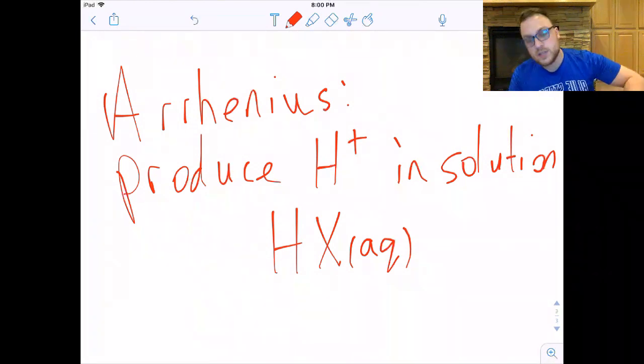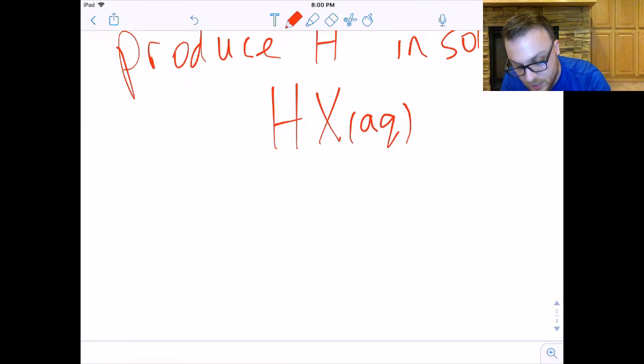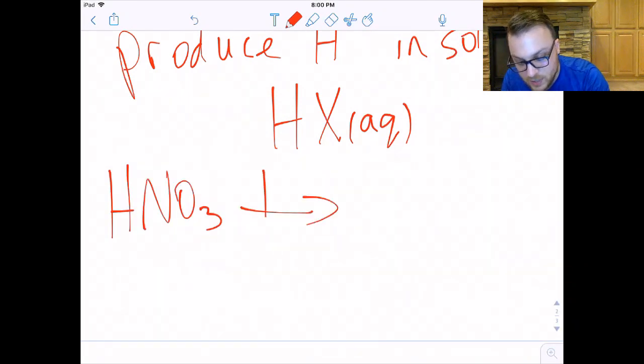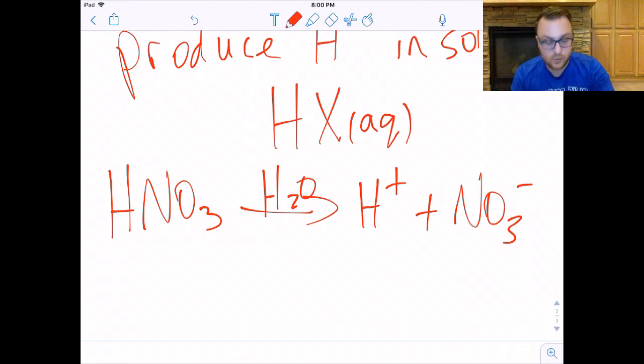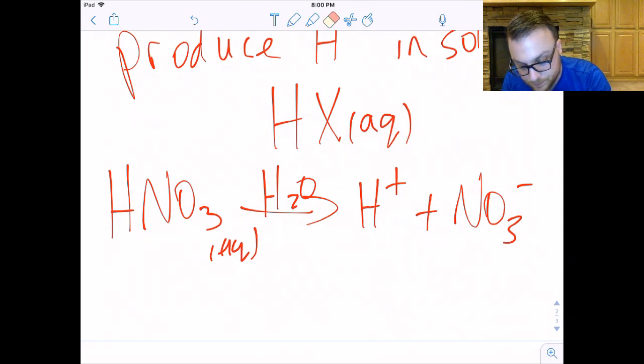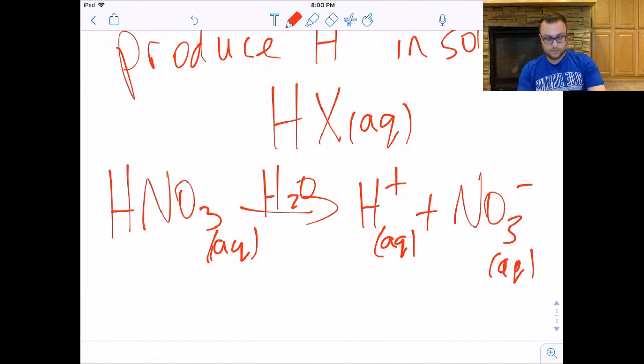So he said when you dissolve these in water, so if we take our acid, let's say HNO3, nitric acid, and you dissolve it in water, they will form H+ and the other ion, which is negative, NO3-. And these are all aqueous. Alright, so that is the Arrhenius definition of the acid.